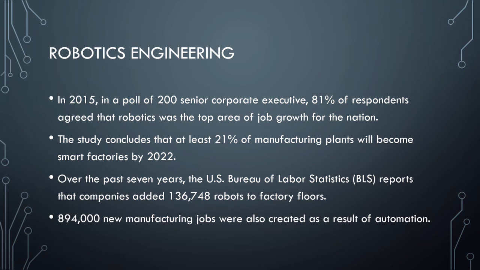I mentioned jobs before, how robots can actually help us create jobs, or rather shift where people are needed. Almost 900,000 new manufacturing jobs were created as a result of automation.